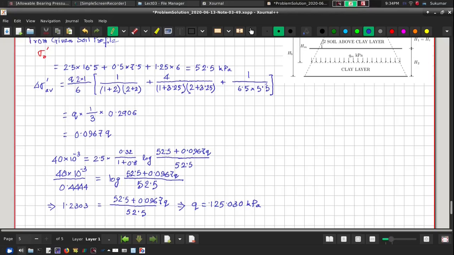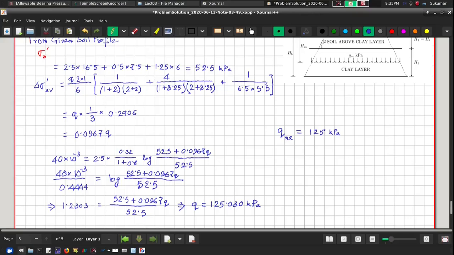Okay, so the foundation load that I can put here is, the result is Q net allowable, considering the consolidation settlement, is 125 kilopascal. You see, for this kind of analysis we need to have the foundation size, and while finding the bearing capacity we do not know yet the bearing capacity.